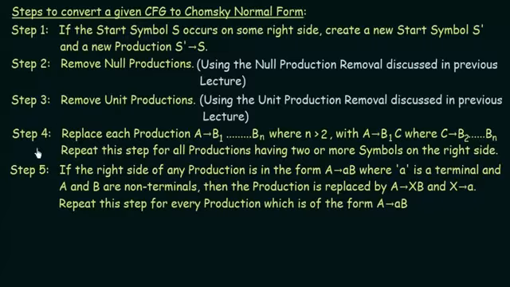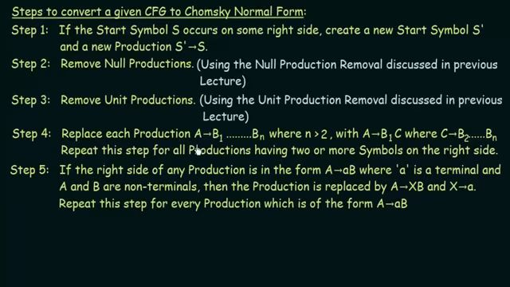Coming to step 4, it says replace each production A gives B1, B2 up till Bn, where n is greater than 2, with A gives B1C, where C gives B2 up till Bn. Repeat this step for all productions having two or more symbols on the right side. We already saw in the definition of Chomsky normal form that in the right hand side we are allowed to have only two variables.